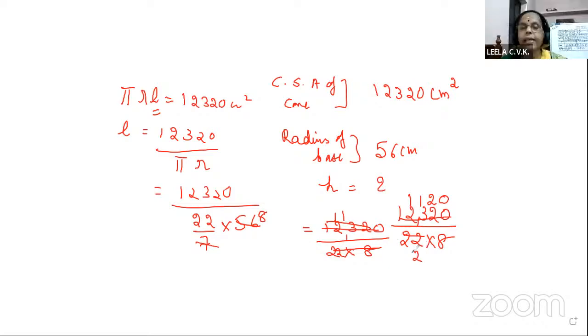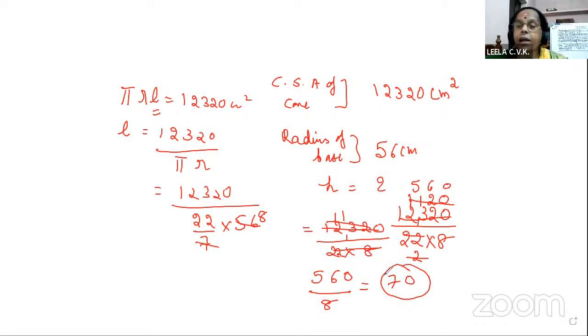With 2, when you cancel, how much will come? 5, then 6, 0. 560. 560 by 8 is how much? 70. So we got the value 70.